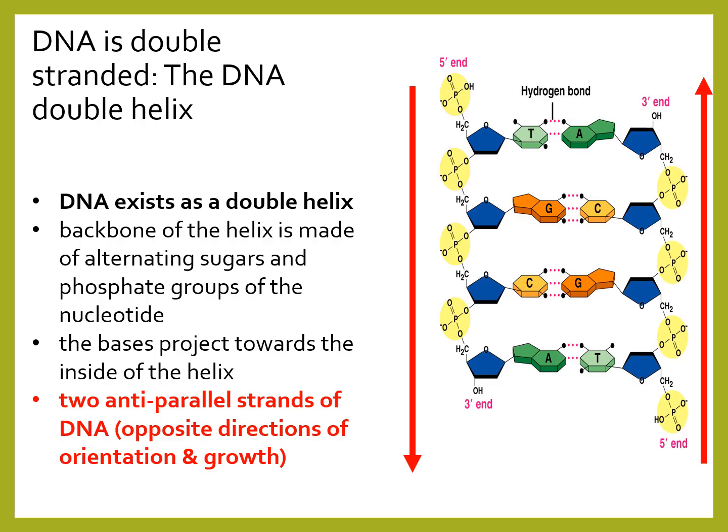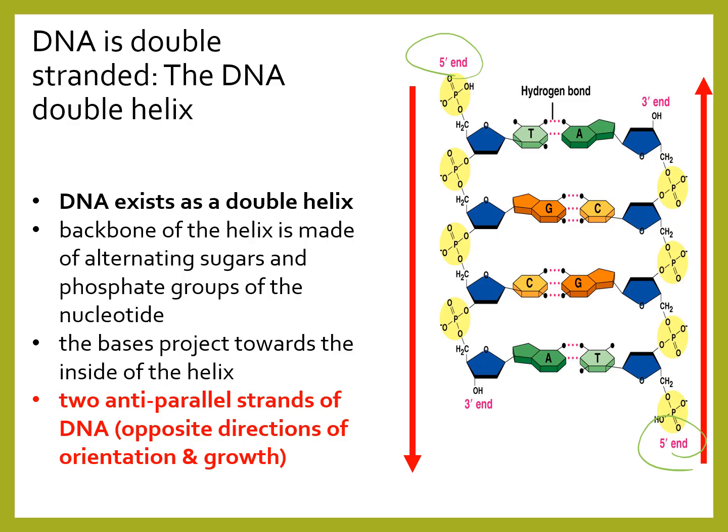DNA is actually two DNA polynucleotide chains. They are oriented in opposite directions so that the 5' end on one chain is going to be at the opposite end of the 5' end of the second chain. The sugars and the phosphates will form basically the backbone, and the nitrogenous bases face inward to that double helix.